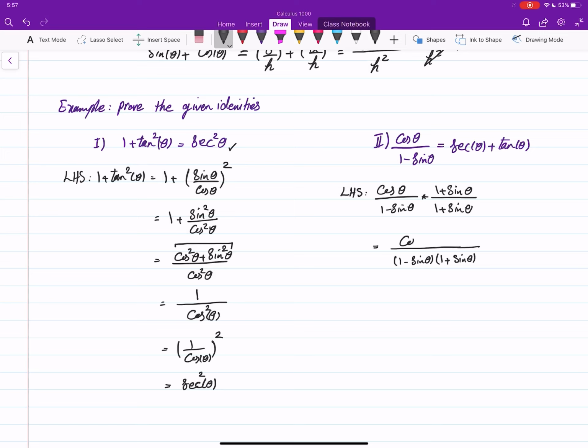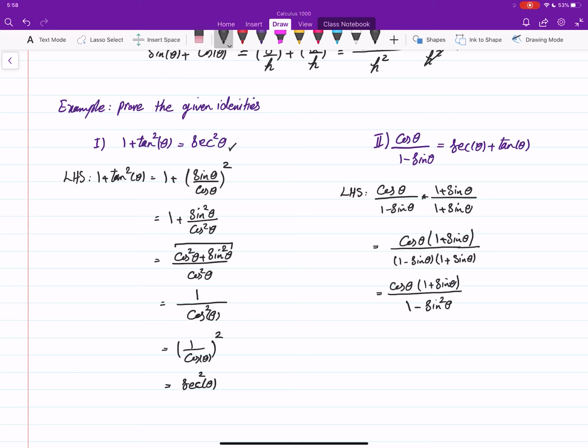In the numerator, we have cosine theta times 1 plus sine theta. So 1 minus sine times 1 plus sine, this is the famous a minus b times a plus b. So it will give us 1 minus sine squared in the denominator and cosine theta times 1 plus sine theta in the numerator.